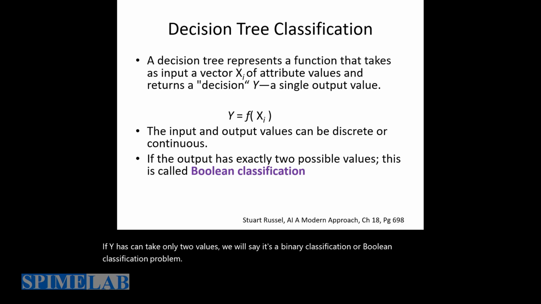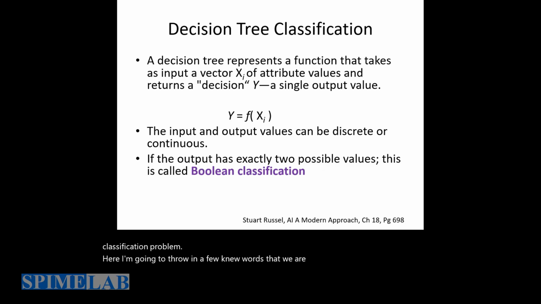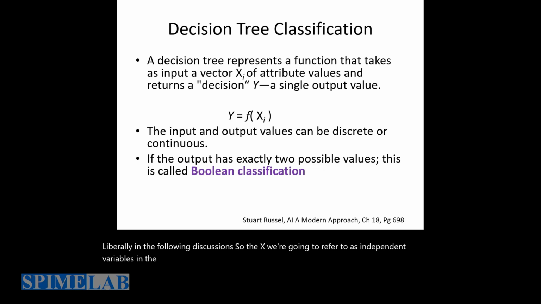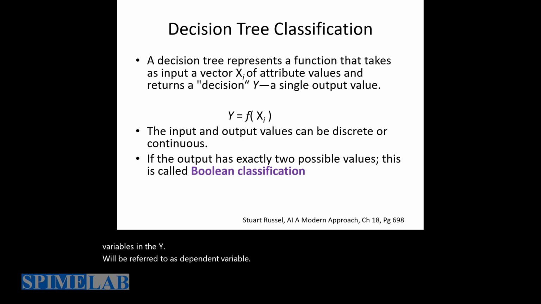Here, I'm going to throw in a few new words that we are going to use liberally in the following discussions. So the x we are going to refer to as independent variables, and the y will be referred to as dependent variable. The labels are synonymous to dependent variable; attributes, set of attributes, are independent variables.